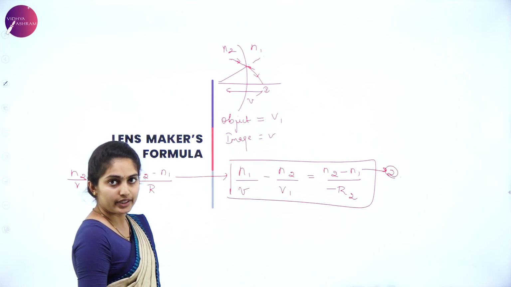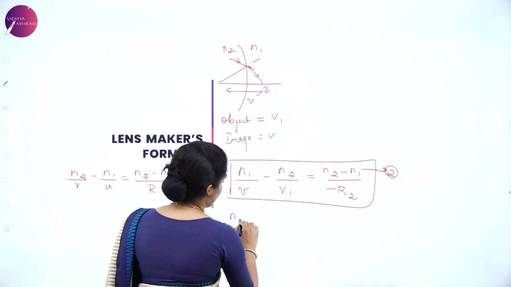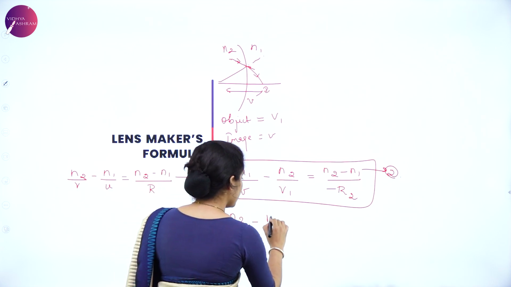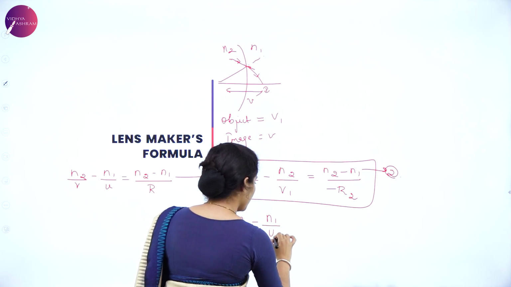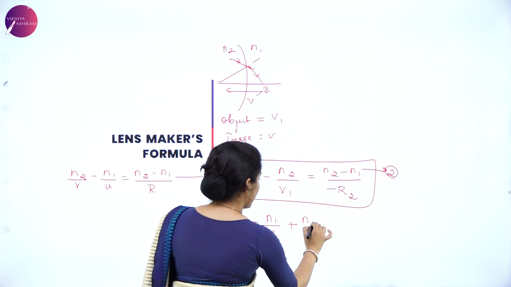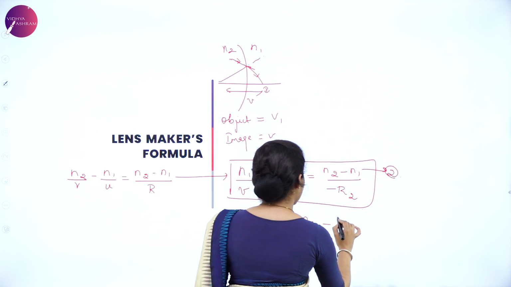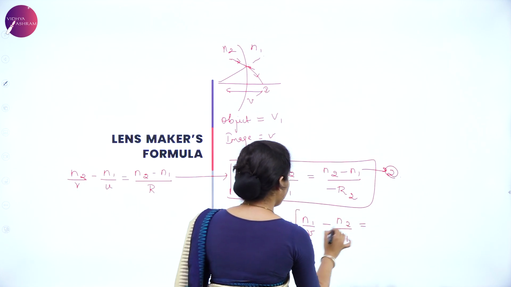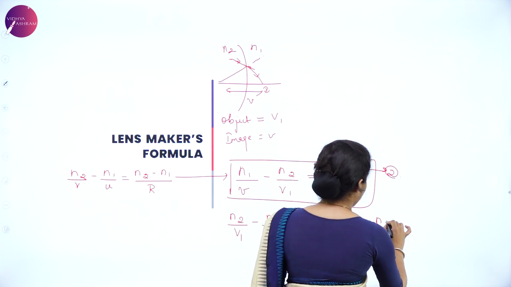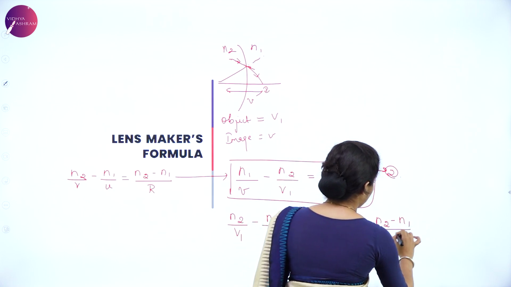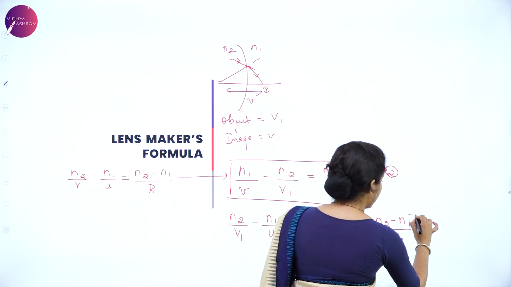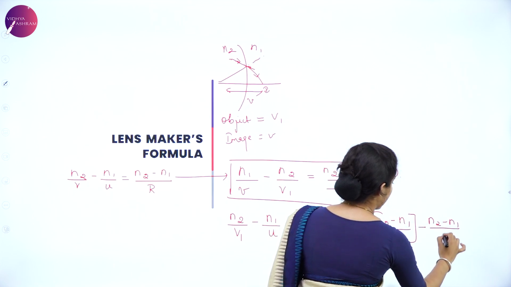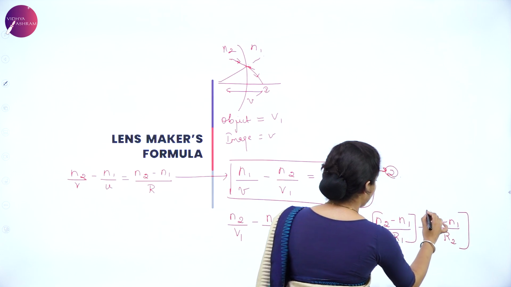On equating 1 and 2, we will have N2 by V1 minus N1 by U plus N1 by V minus N2 by V1 is equal to N2 minus N1 divided by R1 minus N2 minus N1 divided by R2.